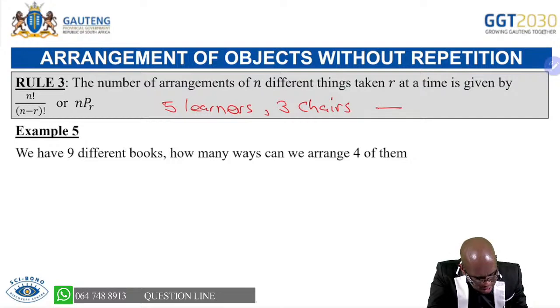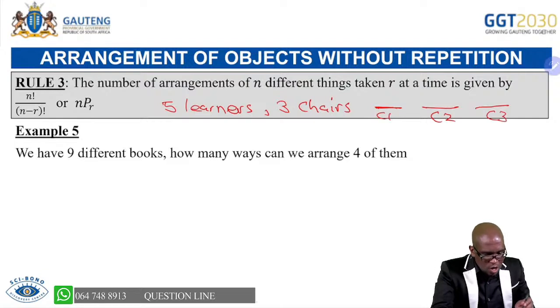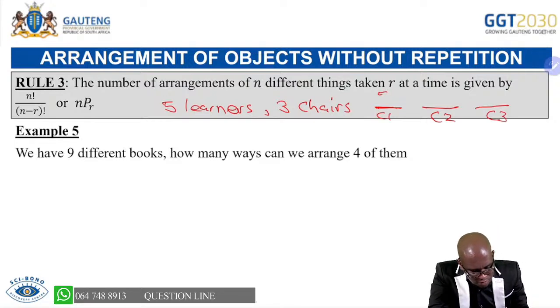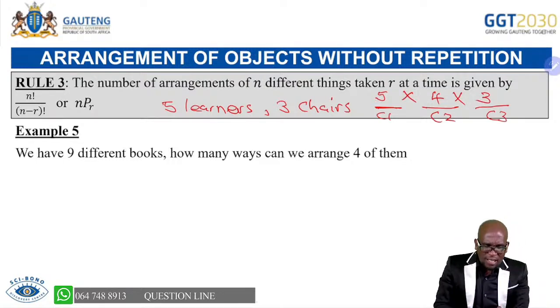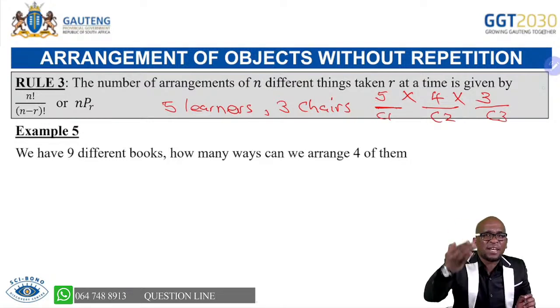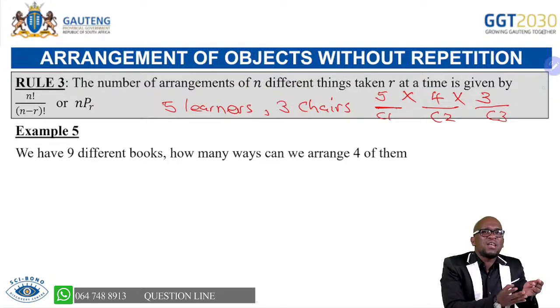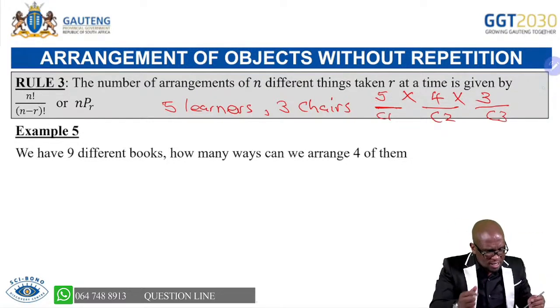So in order for them to sit, you'll have chair 1, chair 2, and chair 3. So 5 options for the first chair, 4 options for the second chair, 3 options for the third chair. You can see now that this number does not decrease to 1 because the number of chairs available are less than the number of learners available.